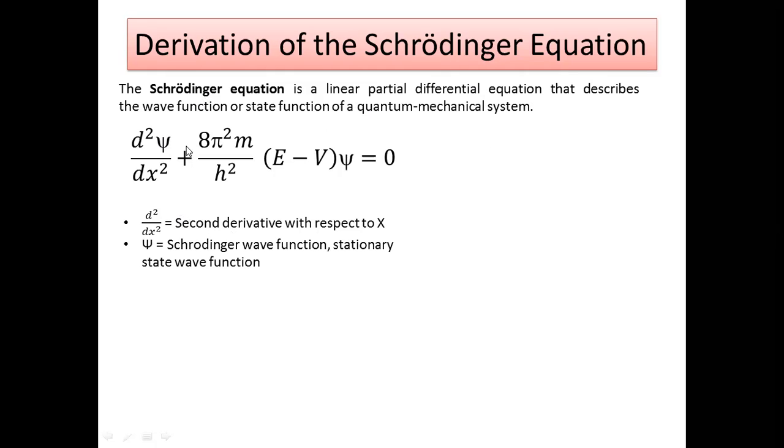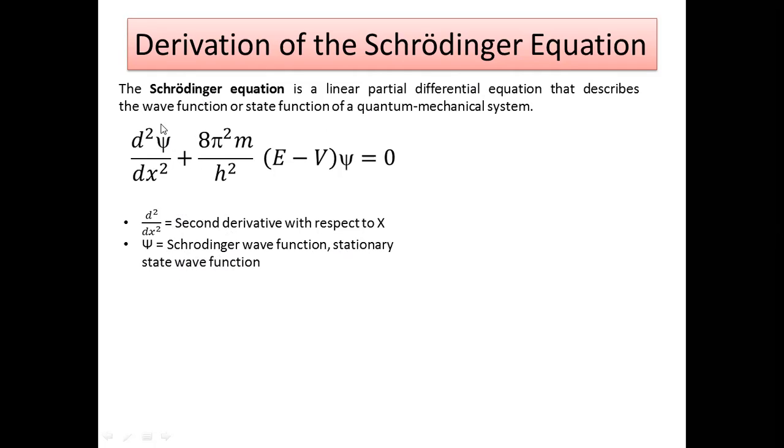And this sign is the psi, called the Schrödinger wave function or stationary state wave function, as we have discussed in one of the lectures about the stationary wave function and the moving wave function.